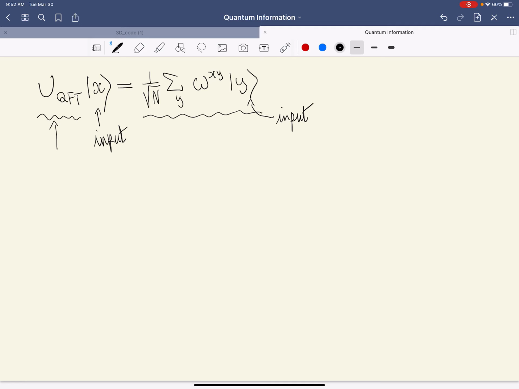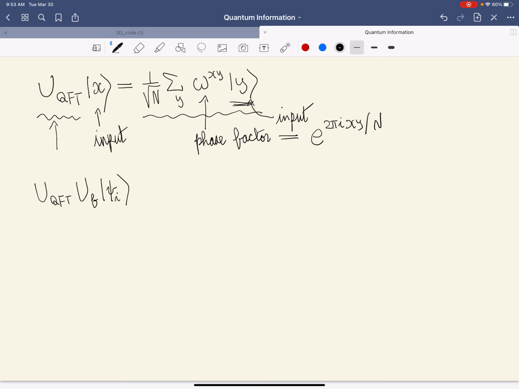So what QFT does is to make a superposition of all the possible states in the input register with this particular kind of phase vector, which, if I write it out explicitly, is this vector here. With this piece of information, let me now turn to our previous function.